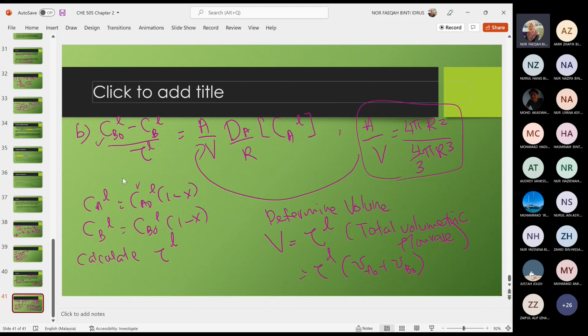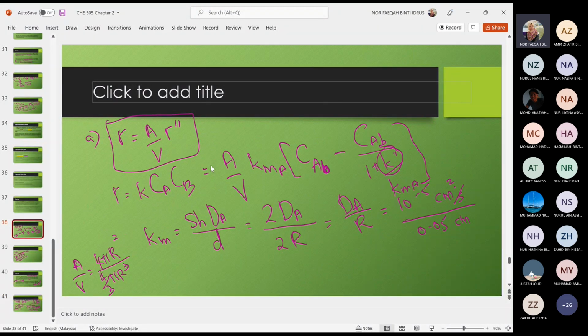Usually, you need to write the mass balance equation. So, kalau it can be modeled as CSTR, so this is your mass balance equation. So, this is the mass balance equation if the reaction can be modeled as a CSTR. Kalau can be modeled as a PFR, this is the mass balance equation.